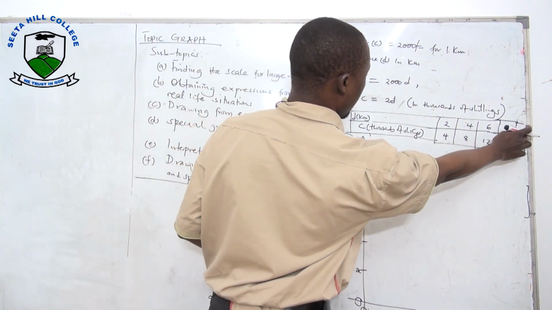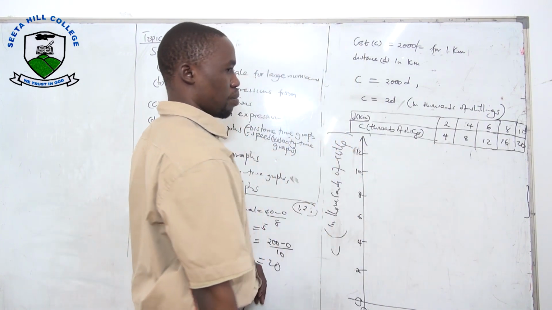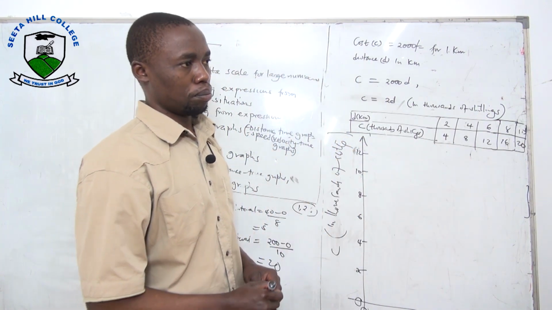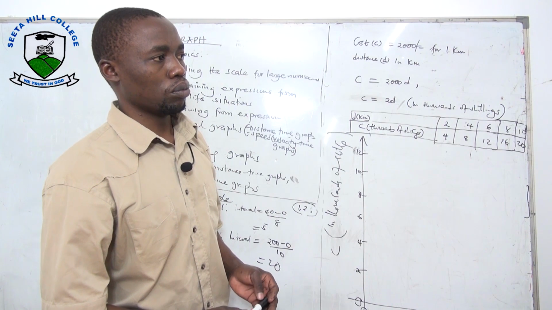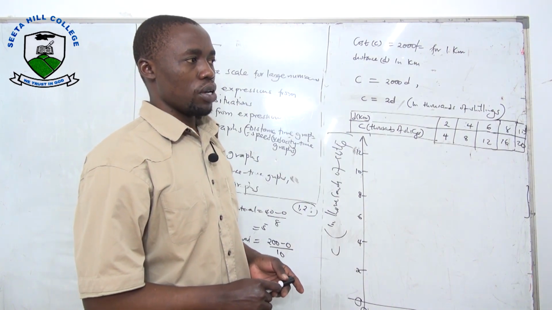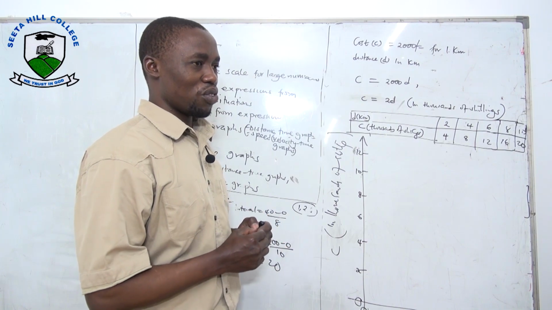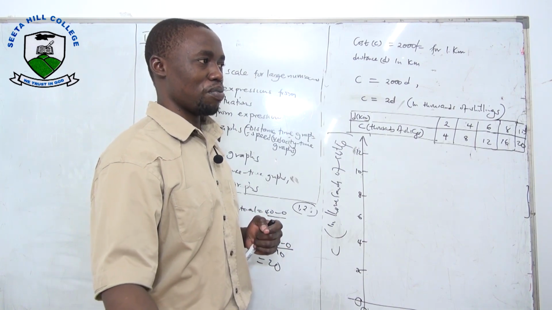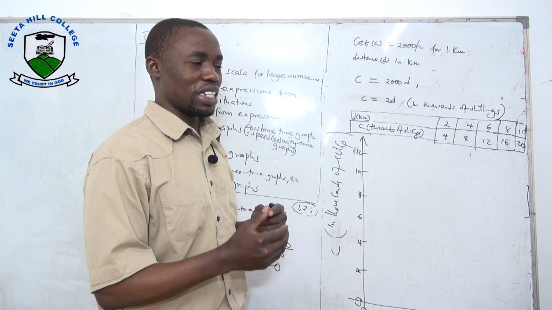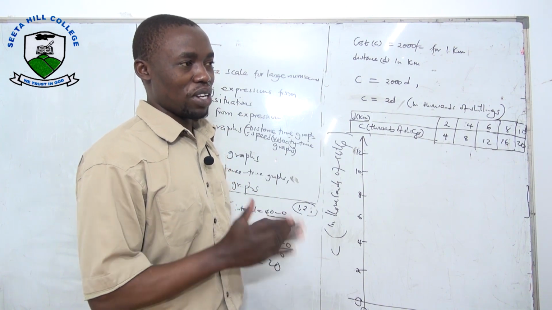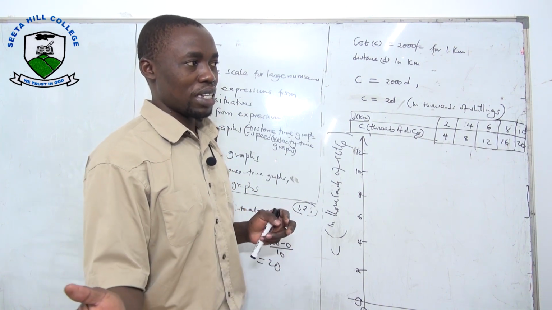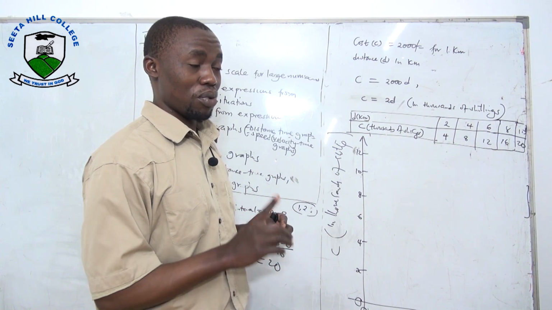Horizontally, 10 minus 0 divided by 8 gives 1.2. Now when you use 1, the values will exceed the graph paper. Whenever you use a value lower than the scale, the values go beyond. I hope you understand that.